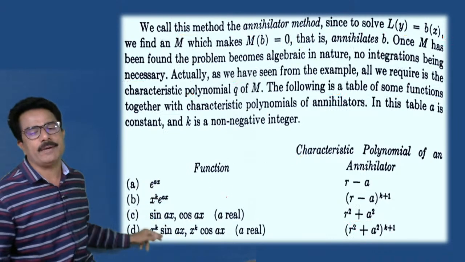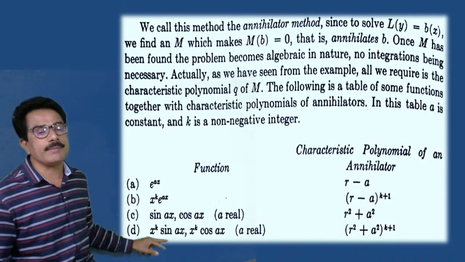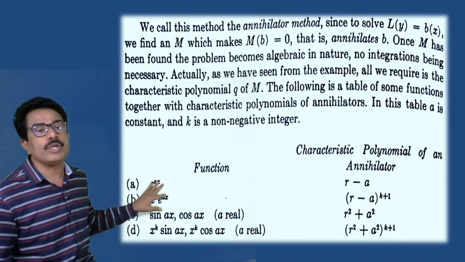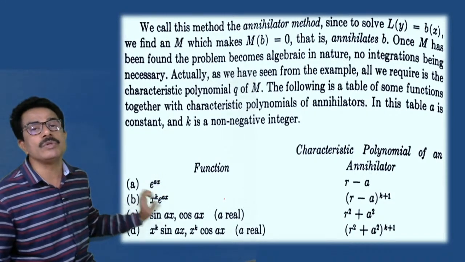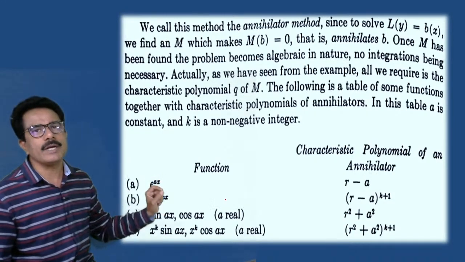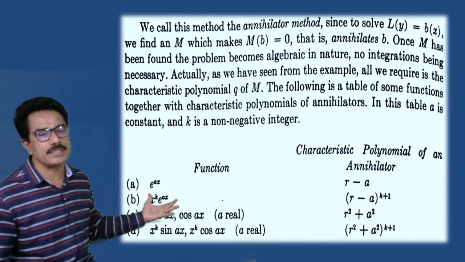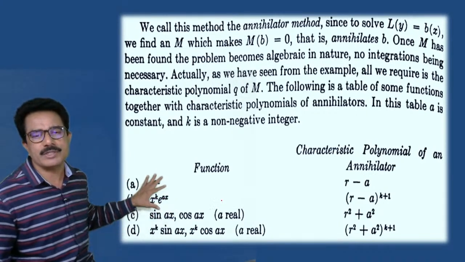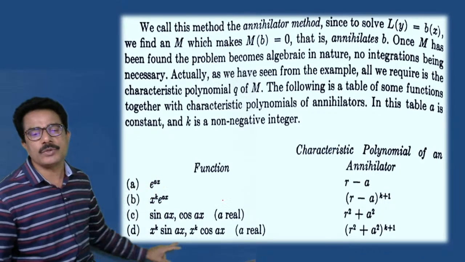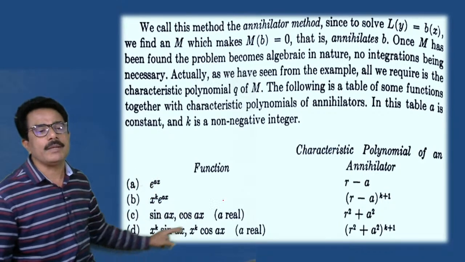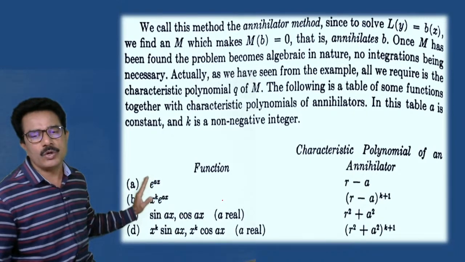Remember this table, because by using this table we annihilate b, reduce b, and convert the given non-homogeneous differential equation into a homogeneous differential equation. For this shortcut method you need to know this table.